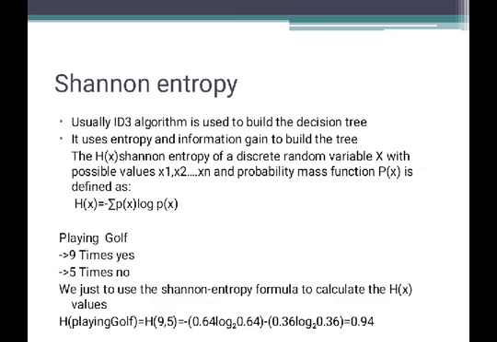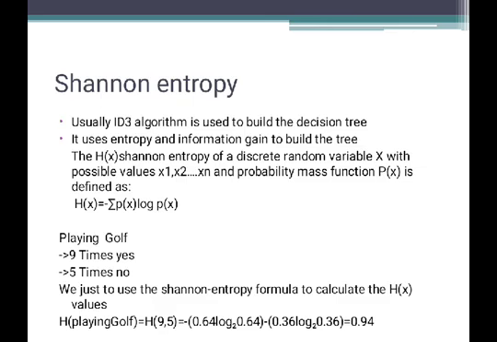For the given example, playing golf, we get two outcomes: one is yes, another one is no. Yes has 9 and no has 5 out of 14. We use the Shannon entropy formula to calculate the H of x value.